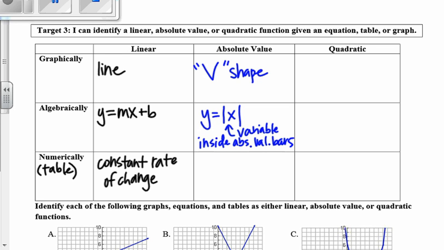And numerically, if we look at a table, the rate of change is constant, which makes it seem like it is a linear function. Rate of change. But I'm going to make a note here, but it goes positive and negative.